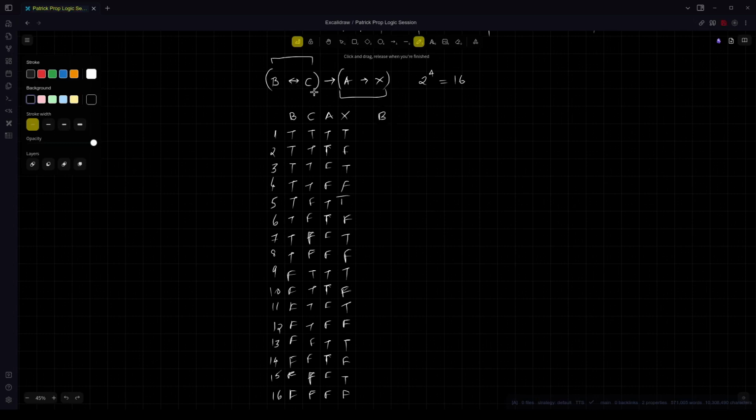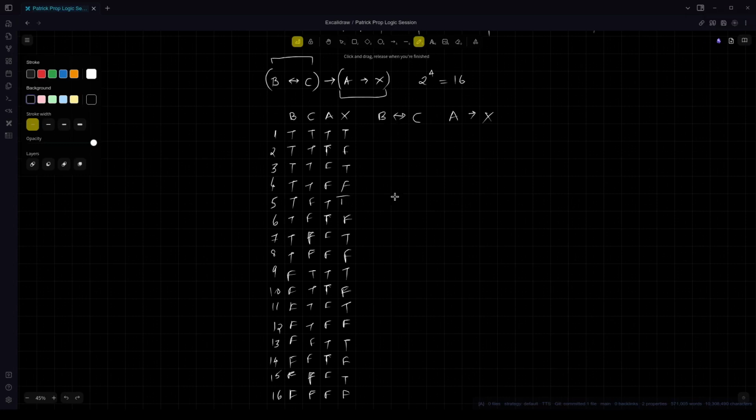This is a biconditional, the material biconditional. So we have identified the individual units, right? This is one formula, this is one formula, and this is the main operator.